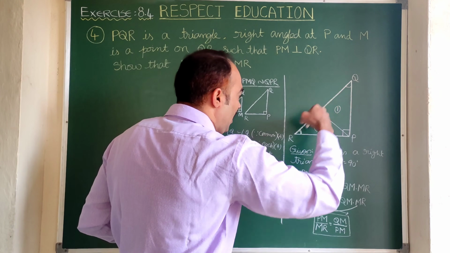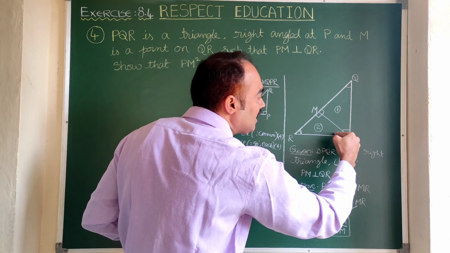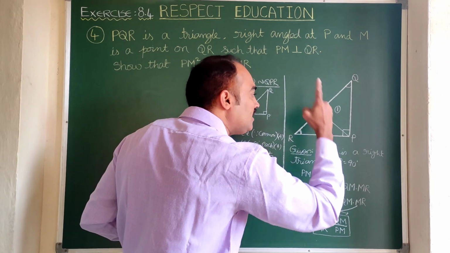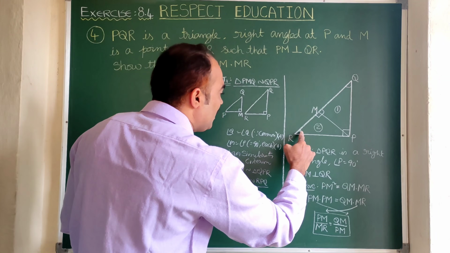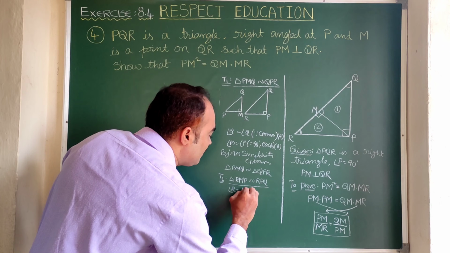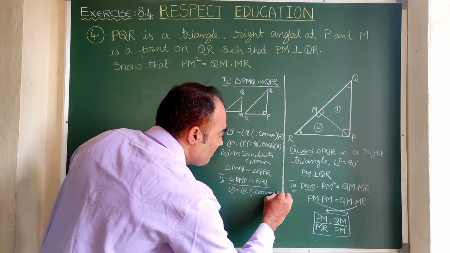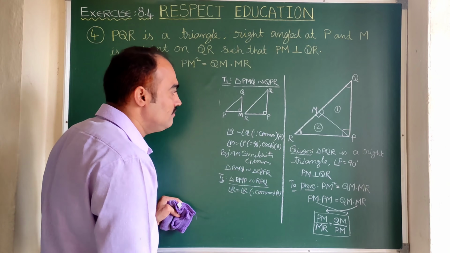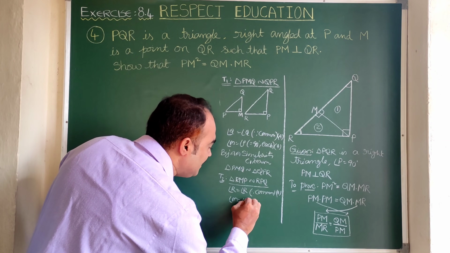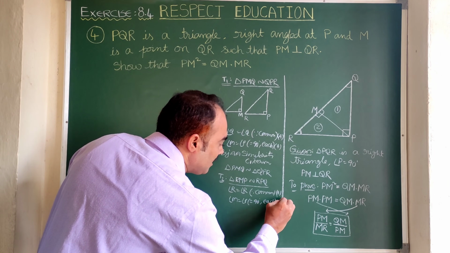Whereas in RPQ, full P we are covering, but that is not covered in the second son. Angle Q is covered, but not there in the second son. That's why here we are covering only angle R. Let us write angle R is equal to angle R. This is a common angle, right? And in the second son angle M is 90, whereas in the father angle P is 90 degrees each. This is another pair of angles.